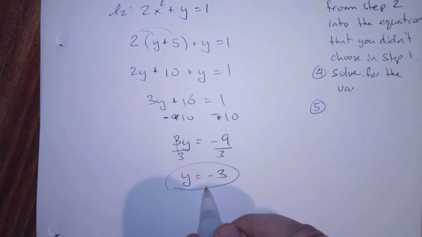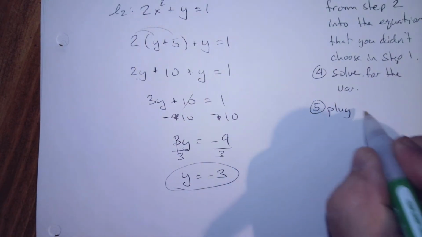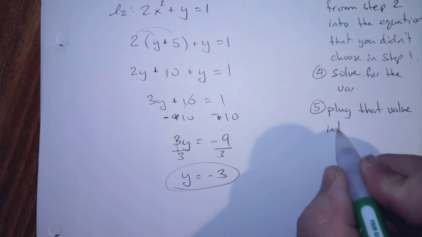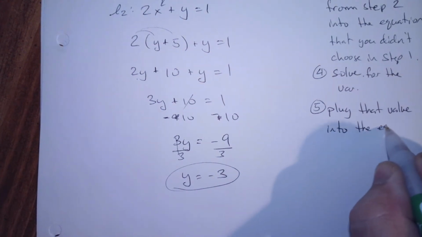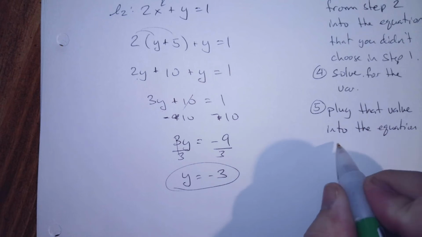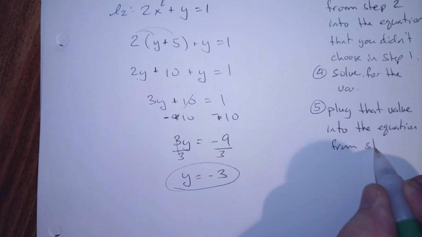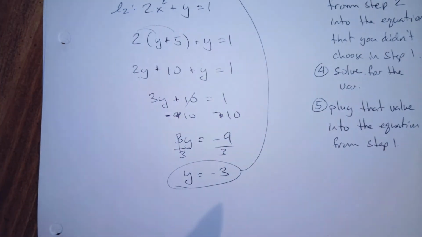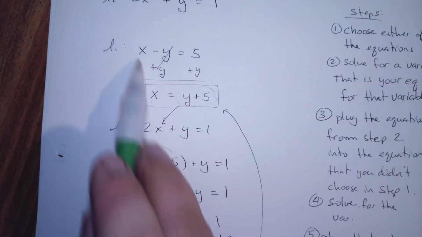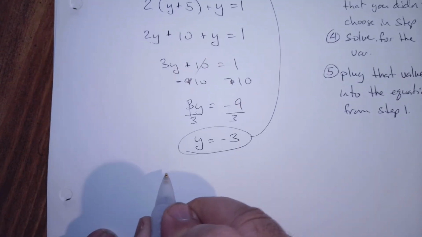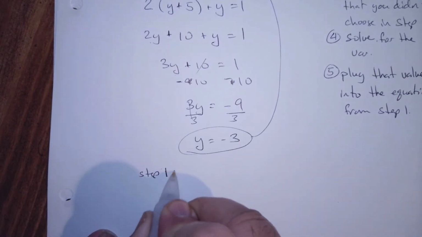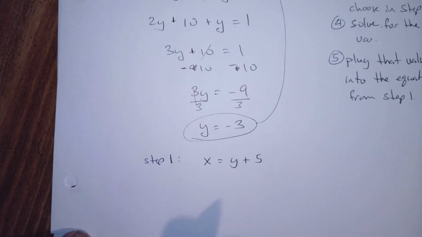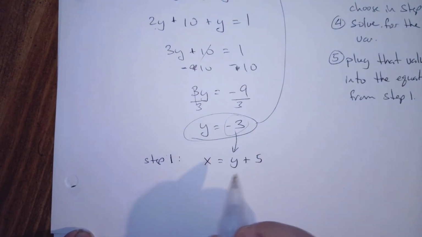So now we have the y value. Plug that value into the equation from step 1. I now need to know what x is, so I plug it back into this one. That's step 1. Since I know from step 1 that x is equal to y plus 5, anywhere I see a y, I put in negative 3.